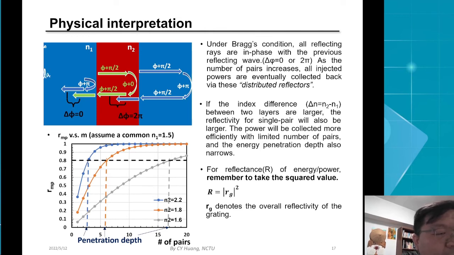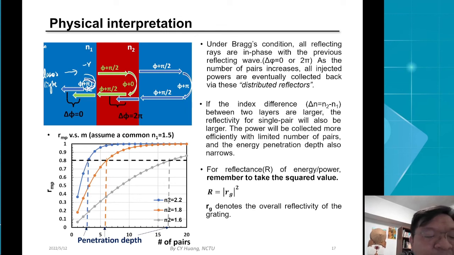You have your laser light coming from here, and let's consider n1 is lower than n2, so part of the ray will be reflected at this interface with minus r. So when it is multiplied by minus r, it actually gives a pi phase shift.